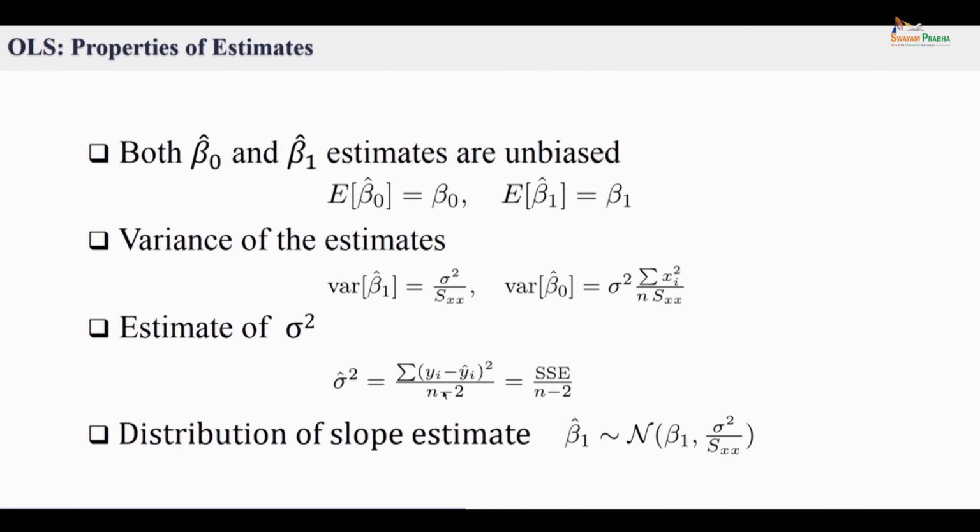Suppose you had only two samples, then your numerator would be exactly 0. Because you have more than 2 samples, you have variability, and that variability is caused by the error in the dependent variable. That is one of the reasons that you are dividing by n minus 2, because 2 data points have been used to estimate the parameters beta naught and beta 1. Now, this particular numerator term is also called the sum squared errors, or SSE for short, and so sigma hat squared is nothing but SSE divided by n minus 2.